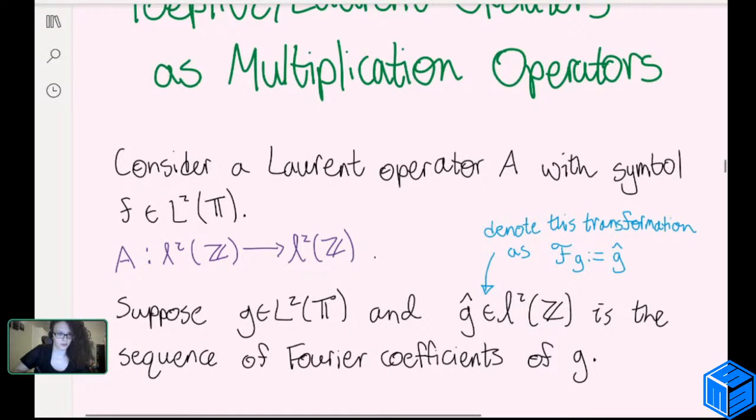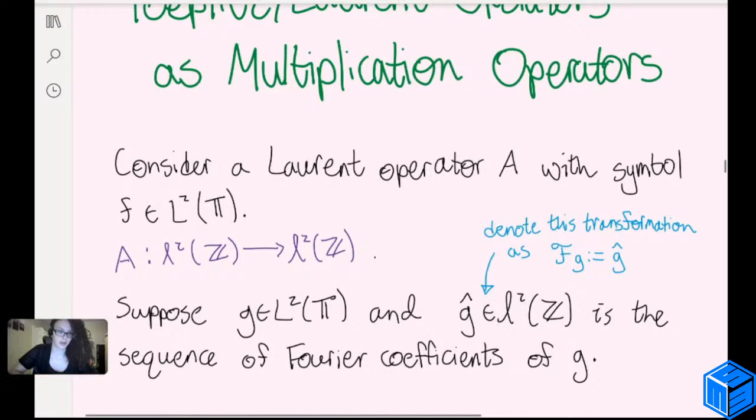So we want to look at how this Laurent operator affects this square summable sequence. We're going to look at the mth entry. A good way to think about this is to compare it to a matrix acting on a vector. Analogously, we have an infinite matrix, or an operator, acting on an infinite vector, which is a sequence.